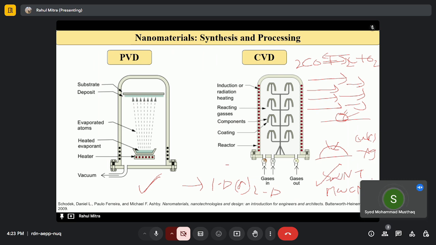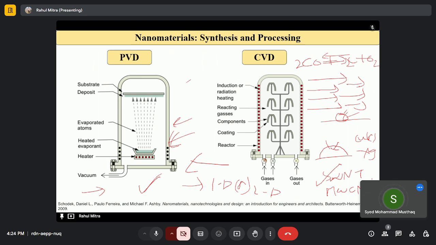And the same goes for physical vapor deposition. In physical vapor deposition, we just apply raw heat, and the heating can be provided by putting a sample in a furnace, or we can do sputtering, and we can even do the laser ablation process where we intensify the heating zone at only one spot.